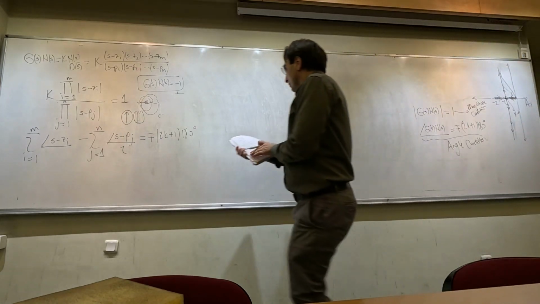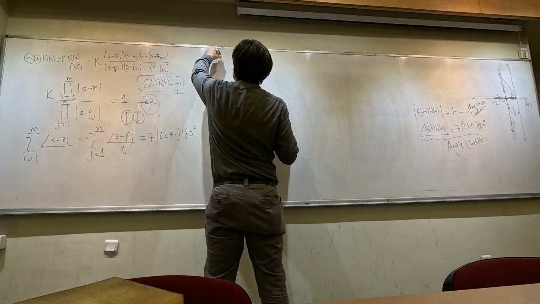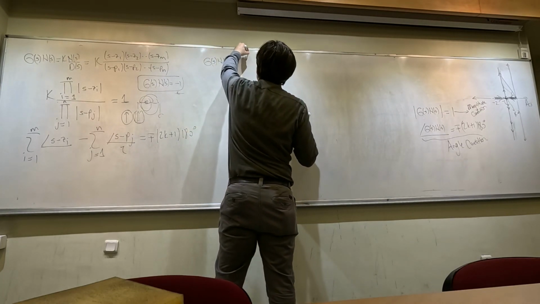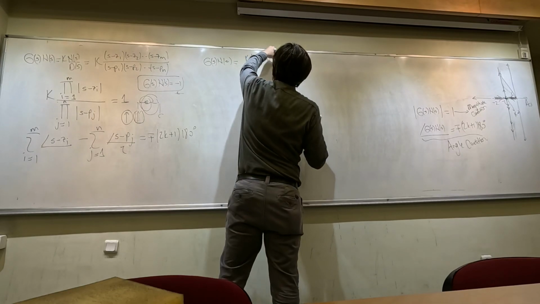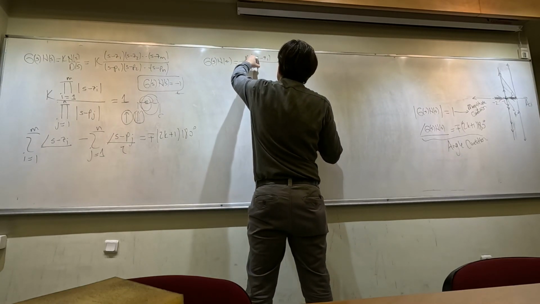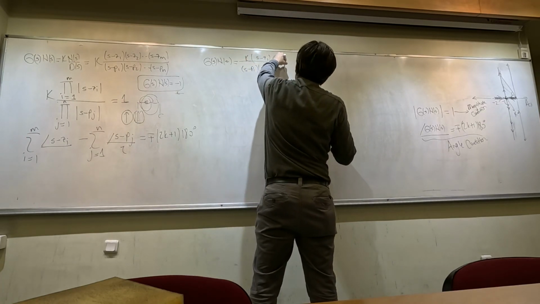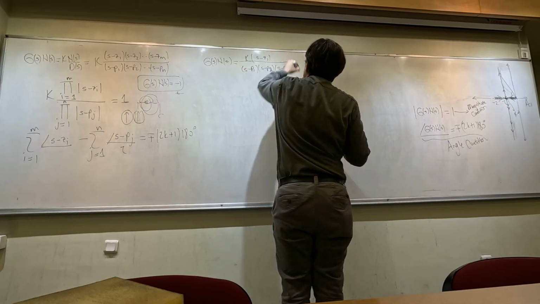Okay. So let us say that G(s)H(s) is given by the following quantities: s minus z1 in the numerator, and in the denominator, 3 poles: s minus p1, s minus p2, s minus p3. Okay.